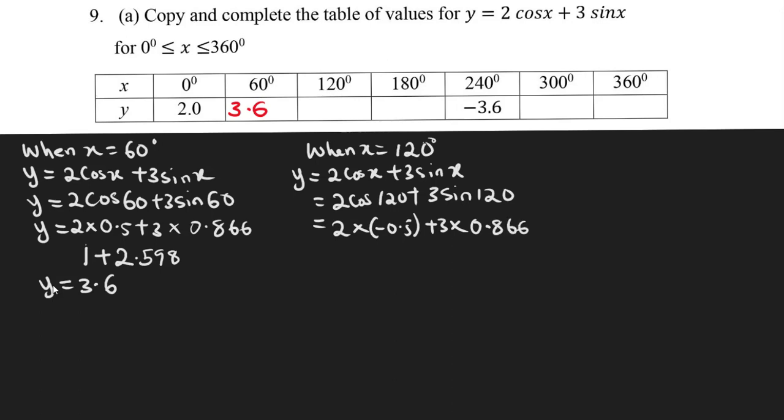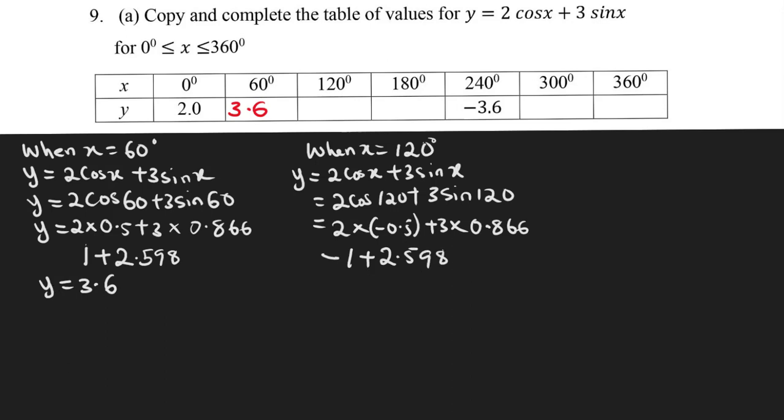So now 2 times minus 0.5: remember that this is negative, so it's minus 1. Plus 3 times 0.866, which is the same as before, 2.598.